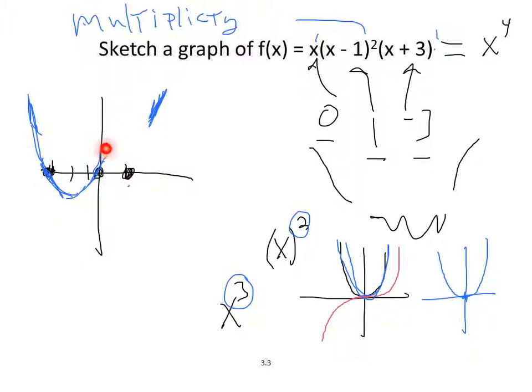So it's going to have to come back down, bounce off it, and head up to infinity. You try to make these nice smooth curves. So that's basically what it looks like. We could get a little more exact, but this is the general idea, and that's good enough.